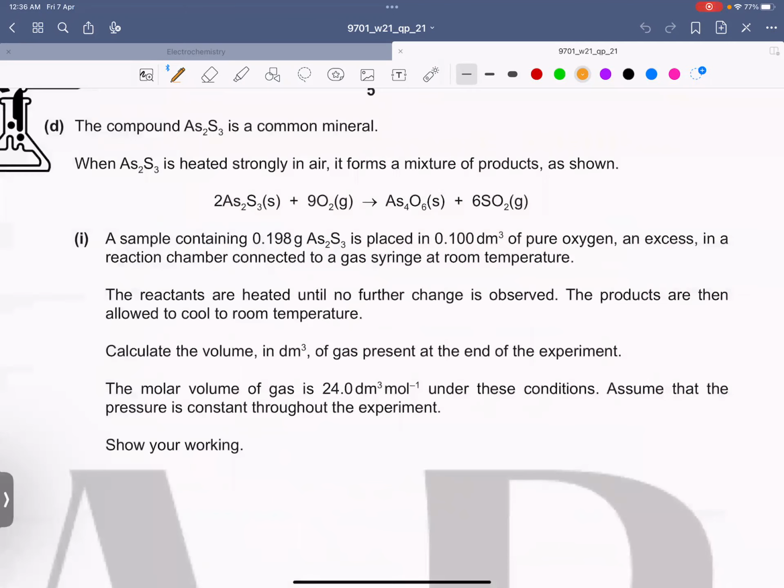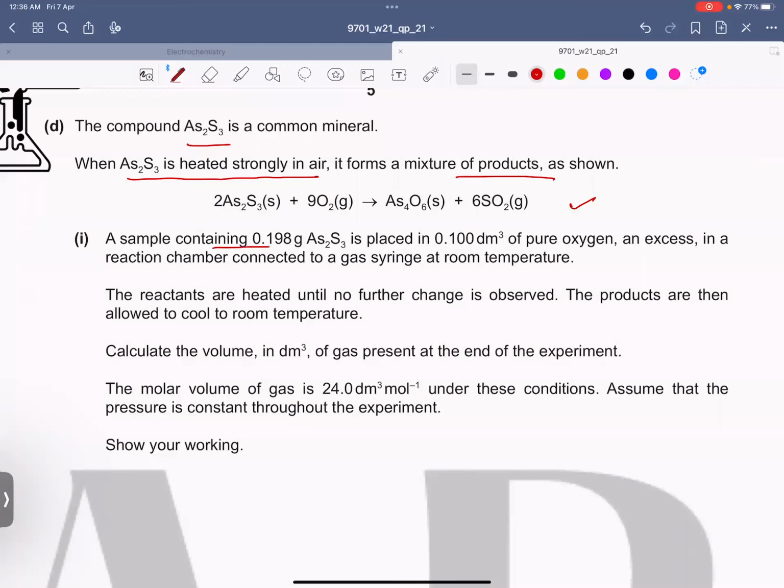Part the compound As2S3, we can call it arsenic sulfide, is a common mineral. When arsenic sulfide is heated strongly in air, it forms a mixture of products as shown. So here I have a chemical equation.